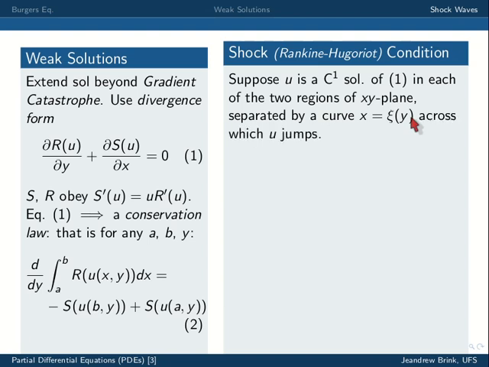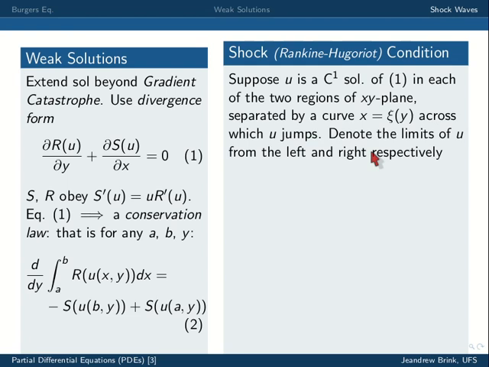Now we want to join these two solutions. We know that across this curve where the shock occurs, the solution jumps. We're going to denote the limits of u from the left and from the right as u left and u right. So we are no longer dealing with a special case where u is constant everywhere.